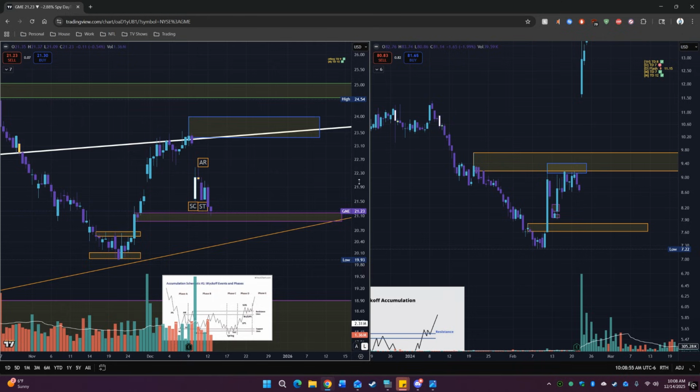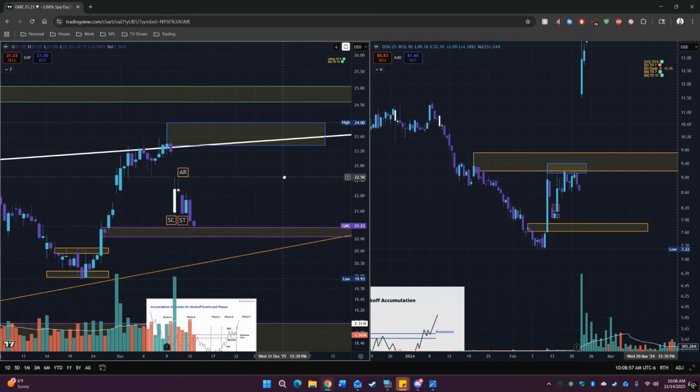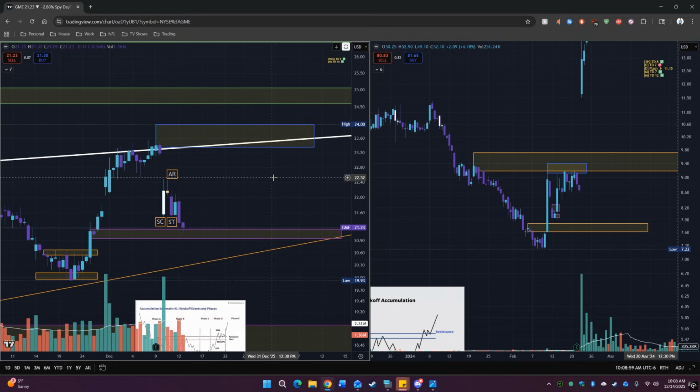Now, a couple things. First of all, after rejecting, we now created a new supply box above us. So you can draw that from the wick down to the body of the following candle. On the supply, it's the top side of the candle.